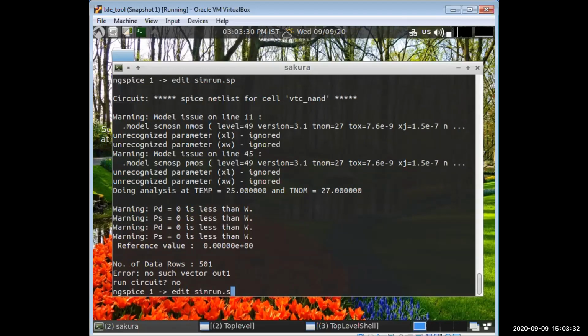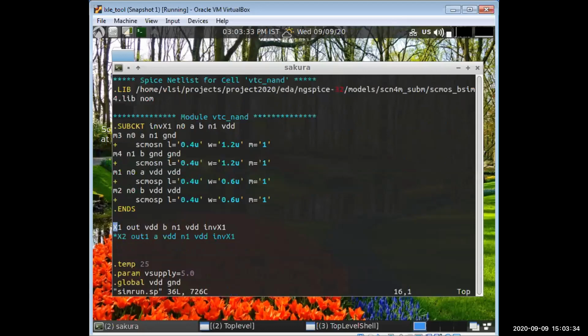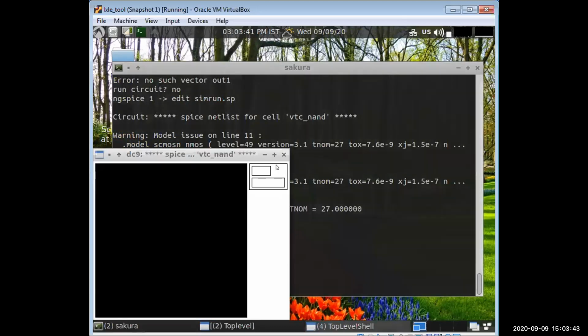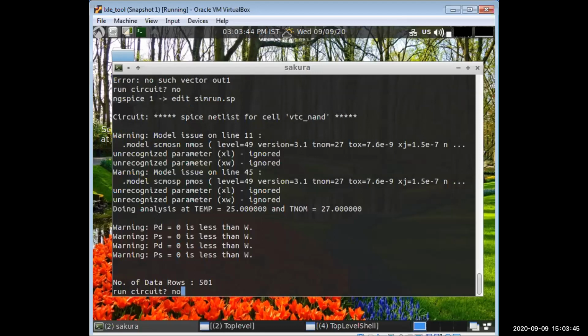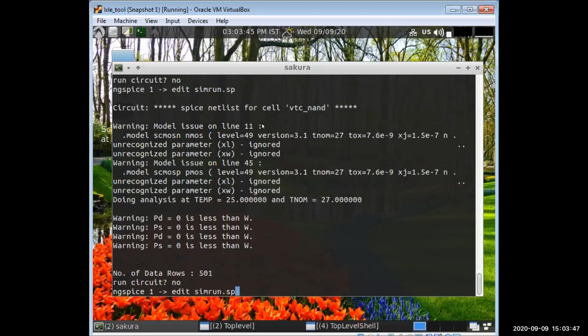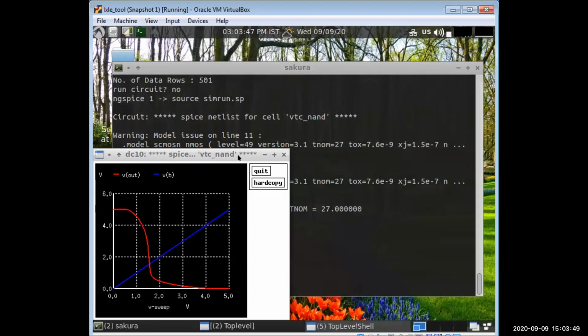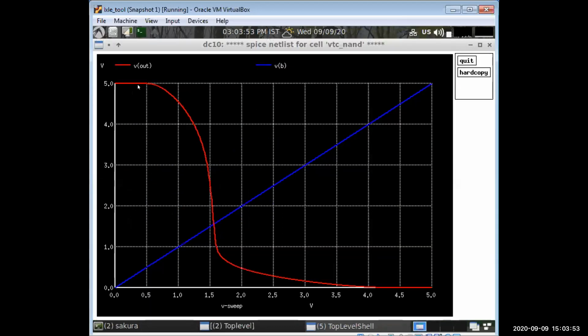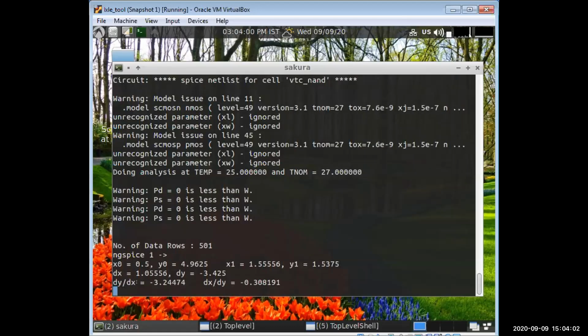I have given another thing to change, that is R1. Okay, this is the graph. Let's see the trip point of this also. Now you can see both values.